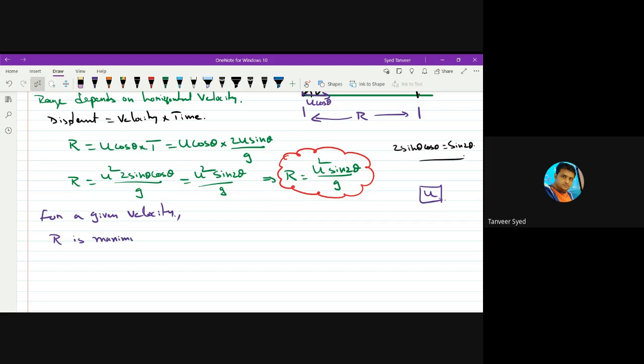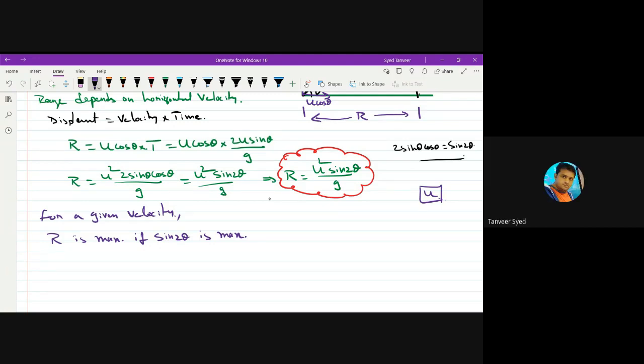For a given velocity, range is maximum if sine 2 theta is maximum. Range is directly proportional to sine 2 theta.